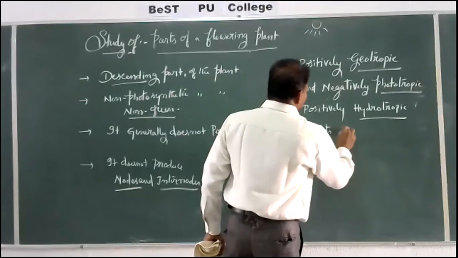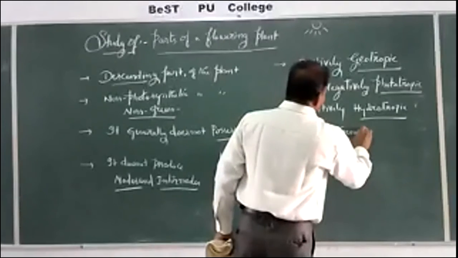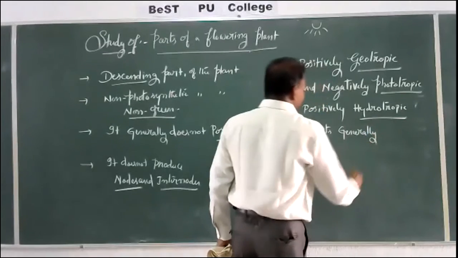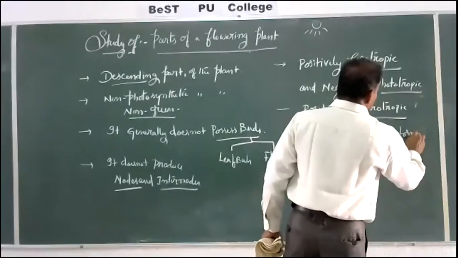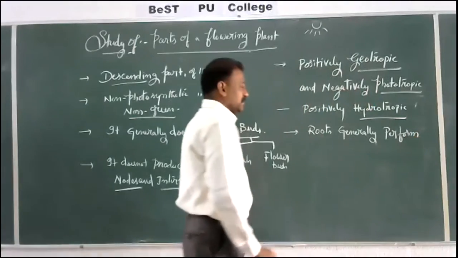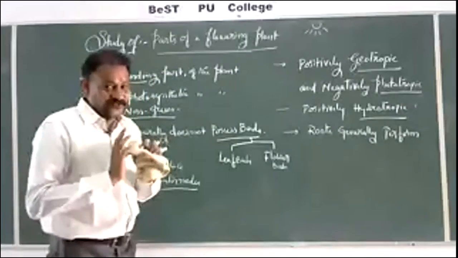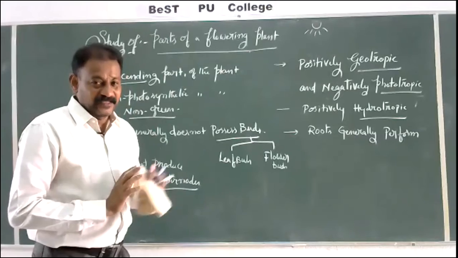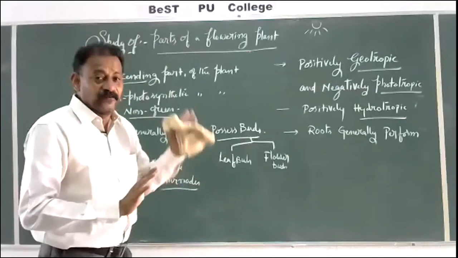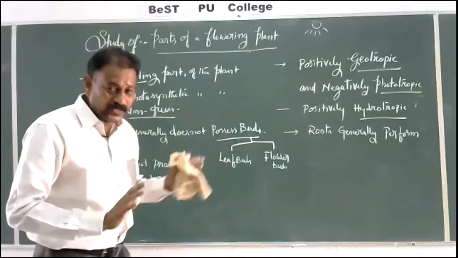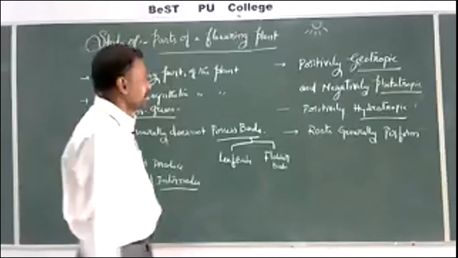Roots generally perform functions. So we are discussing the characteristic features of a root. Here we are not discussing any dicot or monocot, nothing. We are discussing what is root and what are its characteristic features.